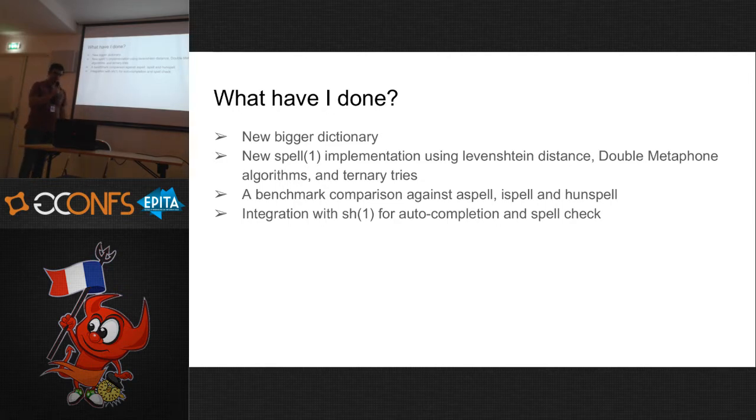And then I worked on writing a new spell implementation using some of these algorithms, the edit distance, double metaphone, and the tries. I compared the performance against some of the other open source spell implementations, such as ASpell, iSpell, and HunSpell. And I also tried to integrate with other things, for example, with the shell, to see how easy it is to integrate.